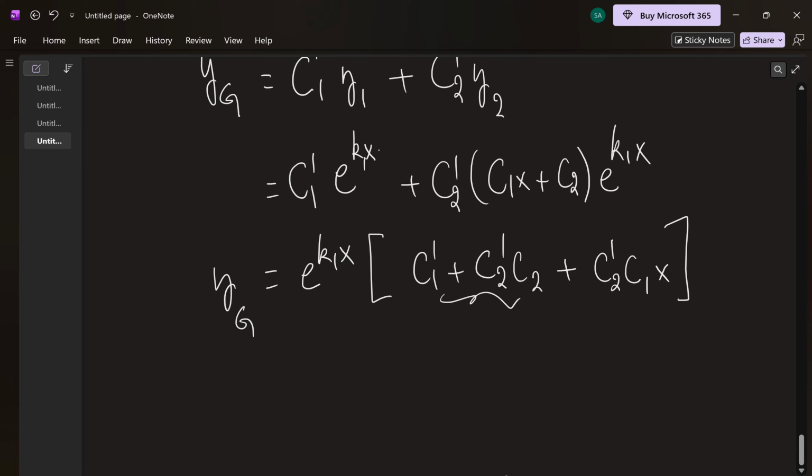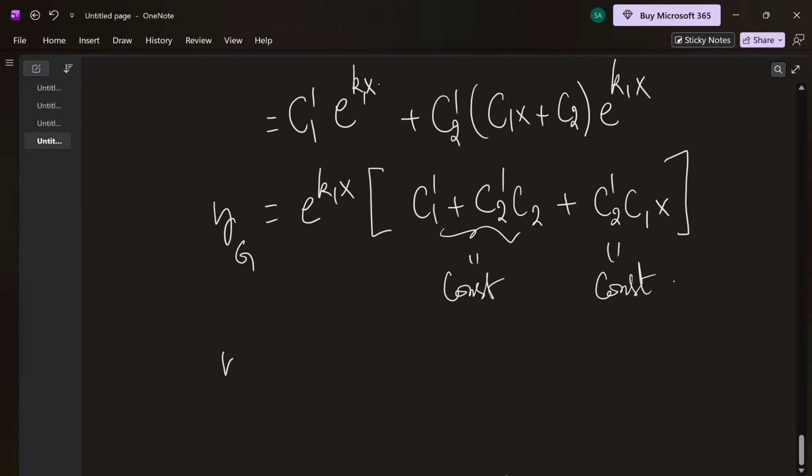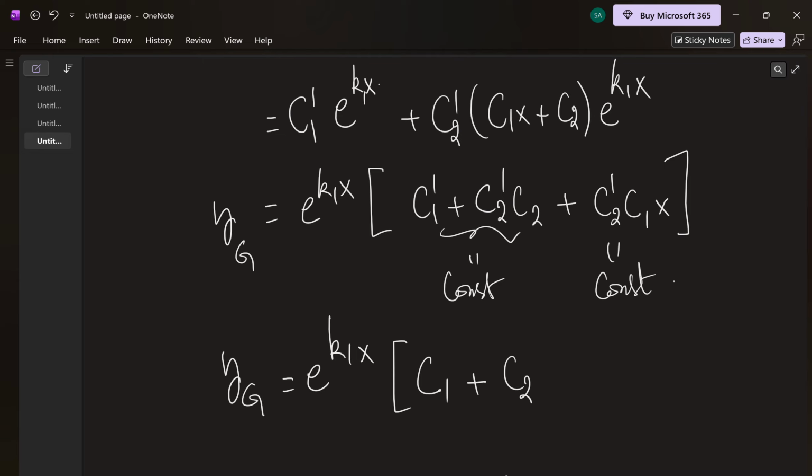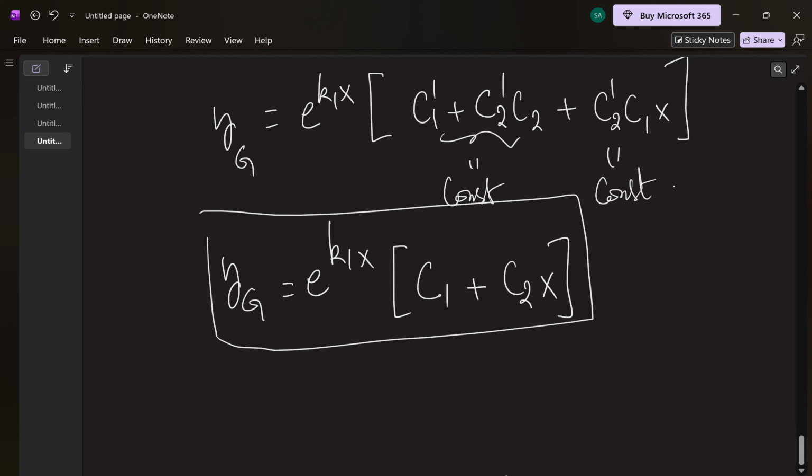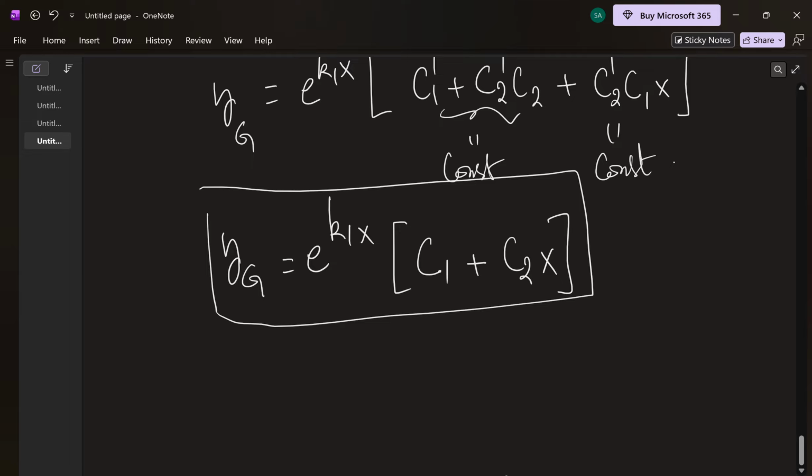So to simplify, we will simply rewrite this as a constant and this as a constant. So briefly, we will suppose that the general solution is simply something like this: exponential k1x times a constant C1 plus a second constant C2 times x. Okay, so this is the general solution if we have double roots of the equation.